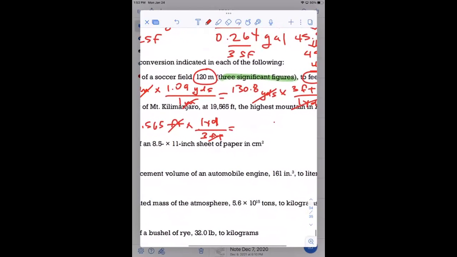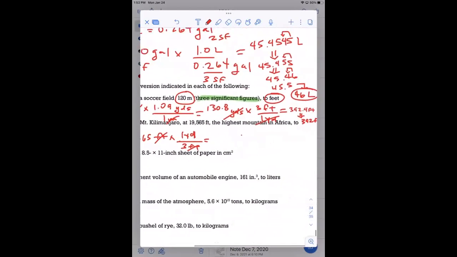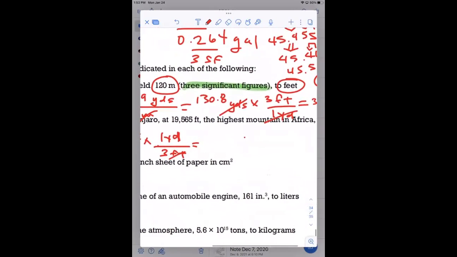Somebody divide that number by 3. It's going to be close to 6,000 and some change. 6,521.6 repeating.